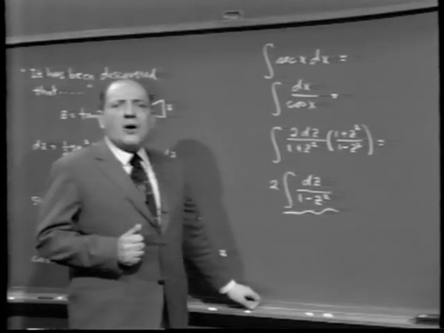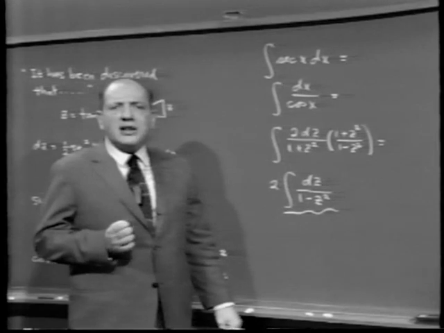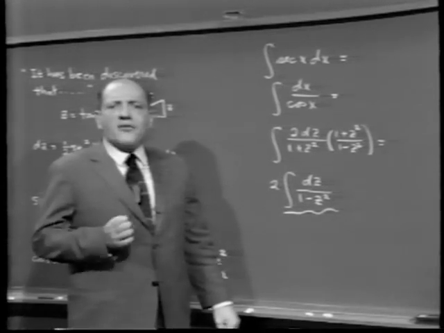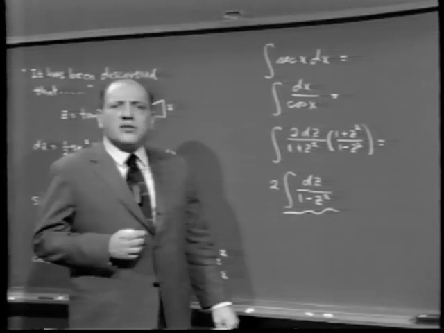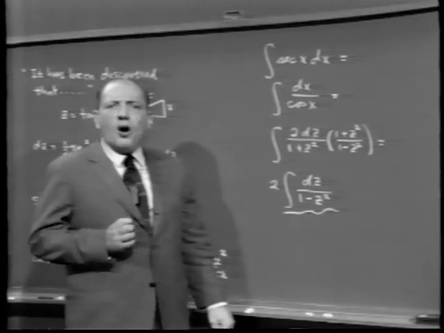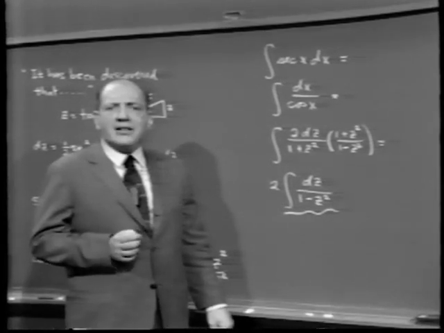Now you see, what I want you to see again that comes through here all the time is how we are continually looking for ways of reducing integrals to equivalent integrals, but hopefully ones that are more familiar to us, meaning what? Ones that we are able to handle.